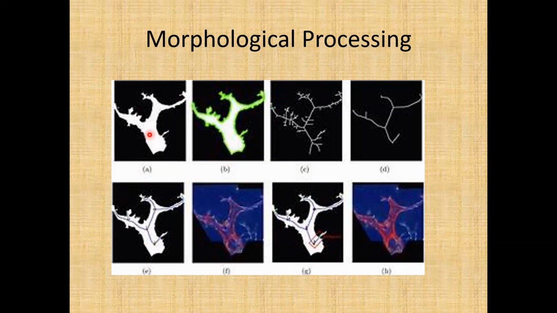These extracted components will be useful in the representation and description of shapes. Morphological processing includes processes like erosion, dilation, opening, and closing.